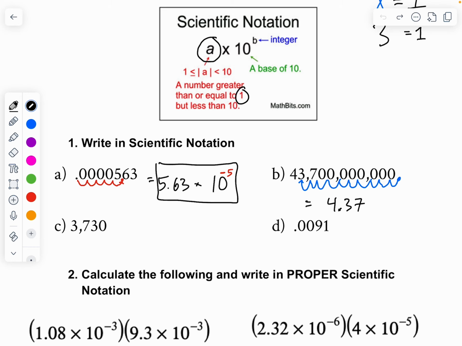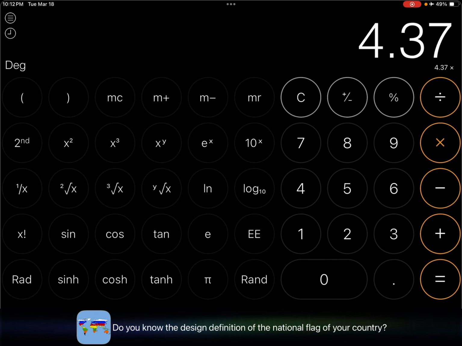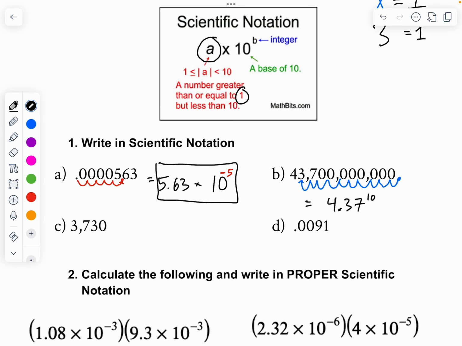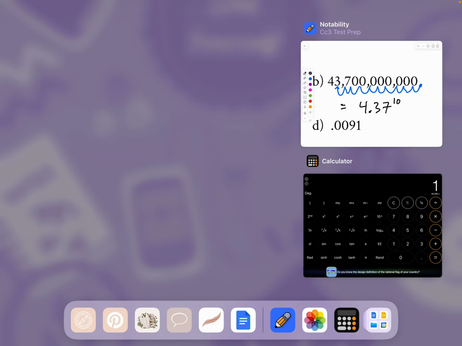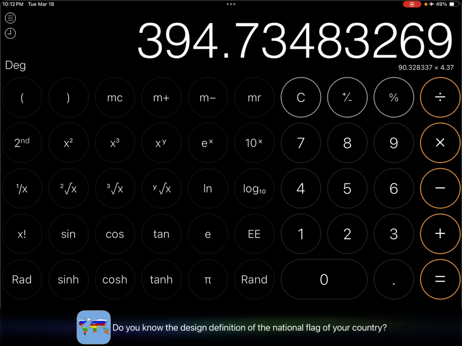Now, please do not make the mistake of writing 4.37 to the 10th power. What does 4.37 to the 10th power even mean? It means you're going to multiply 4.37 by itself 10 times, which is not even close to what our answer here is.